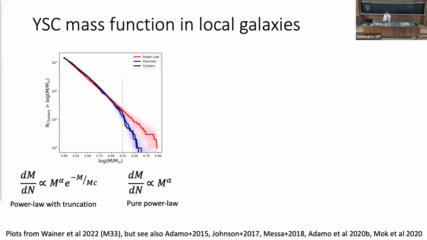What we see here, essentially, with the black line underlying the blue, is that the shape of the mass function in local galaxies is not a pure power law, because otherwise the black line should follow the red distribution here. It's a Schechter function type with an exponential break at the high mass end. They are characterized by this truncation mass, M_C, this characteristic mass.